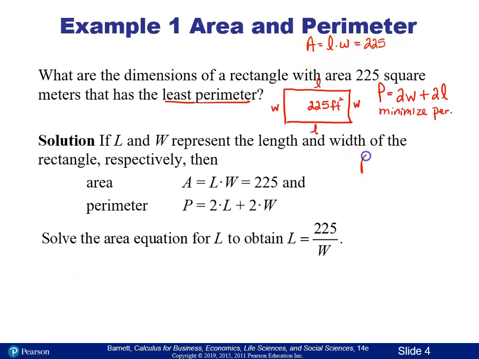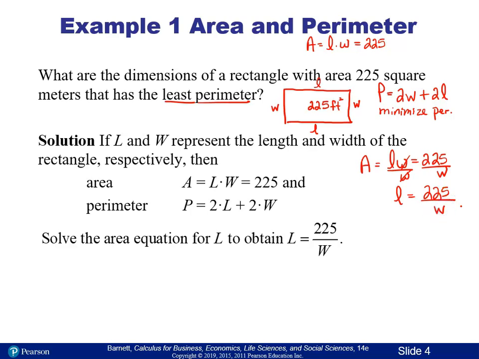Area is length times width, which is 225. I'm going to solve this. It doesn't really matter whether I solve it for length or width. The slide is solving it for the length, so I'll do the same. I'm going to divide by this W so that those cancel, and so the length is 225 divided by W.